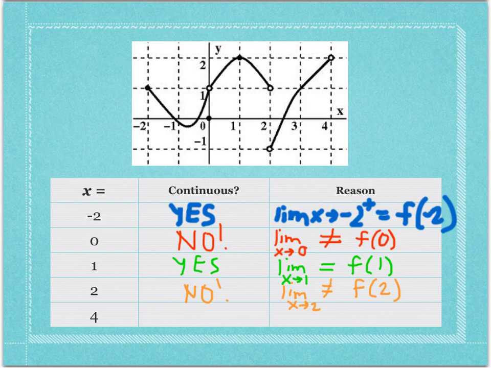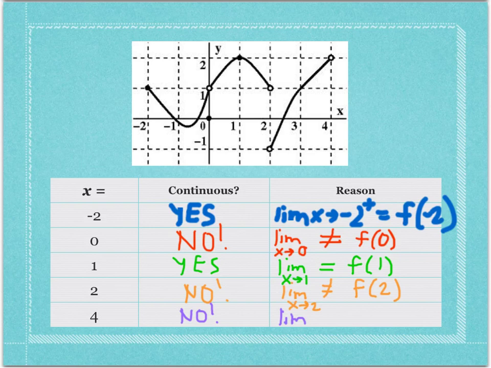All right, and lastly here, the very last one at 4, notice this is another endpoint again, but notice the difference on this endpoint. This one is not defined. So in this case, we have to say that no, this function is not continuous over there on the right. And again, we can verify that based on what we talked about before.